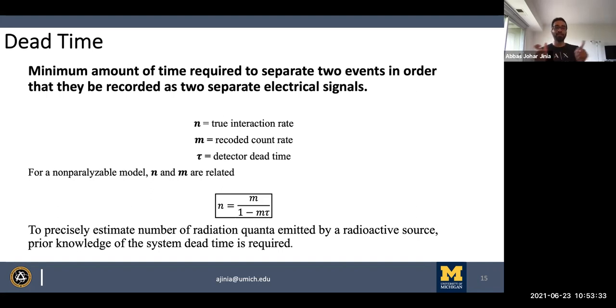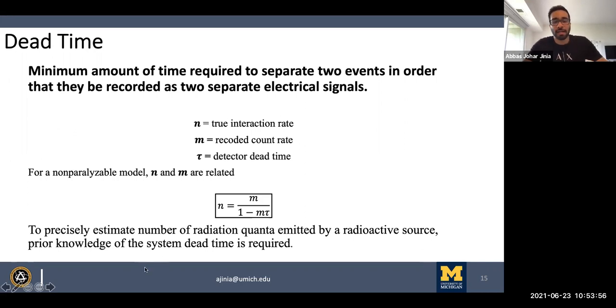And when it is doing that process, if a second radiation quanta comes in and deposits its energy, the detector will not be able to process that. So it's dead essentially for that amount of time. And this is the dead time of the detector.